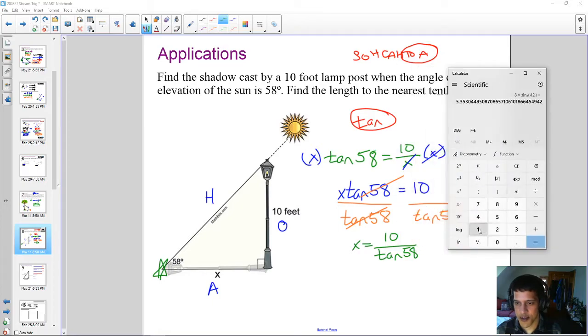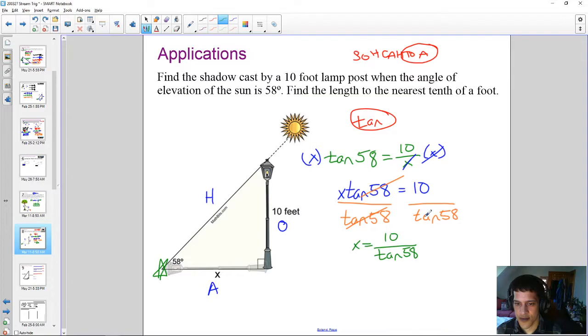10 divided by tangent of 58 equals 6.25. Does that make sense?